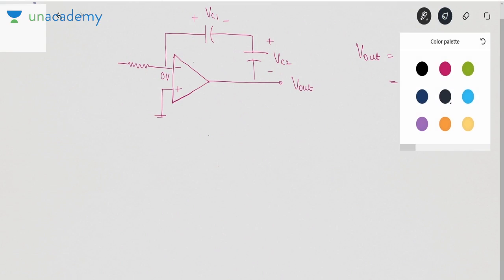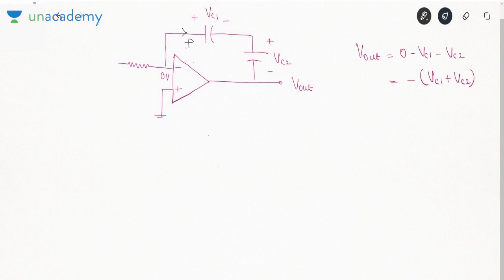And we also know the current here. The current is I, which is 1 milliampere. If this current is entering the positive plate of the capacitor, it will charge both the capacitors.